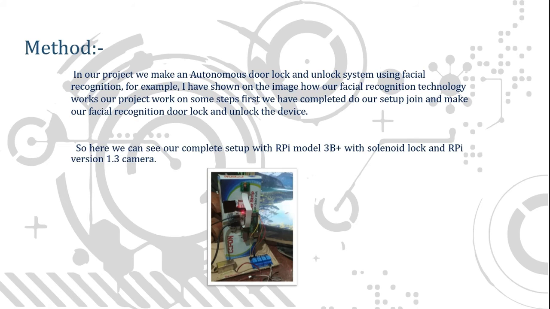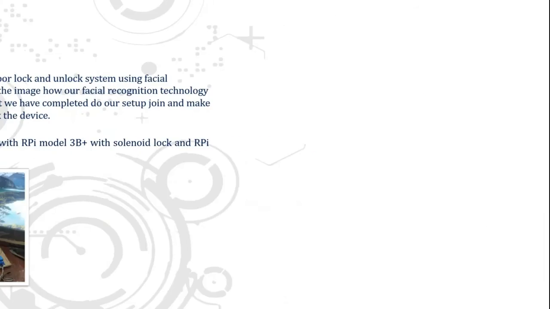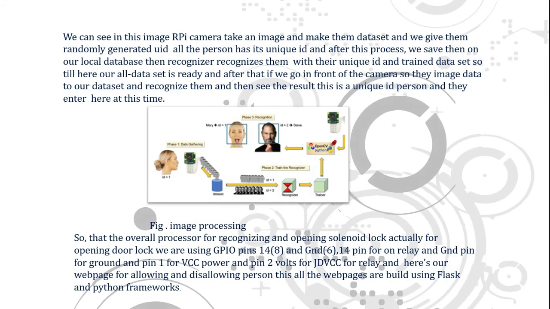So let's go to the next point. The method behind recognizing and opening the door is that the RPi takes images and makes a data set, and provides a unique ID.